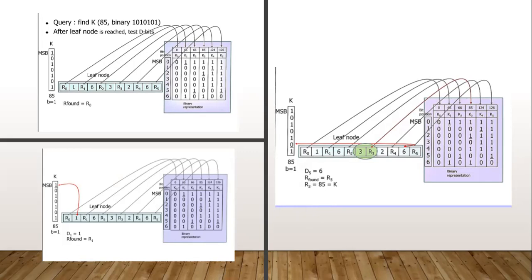So both the R3 and K values are the same, because R is less than or equal to K. But here the R3 value is 3 and the K value is 85. So R is smaller than K.